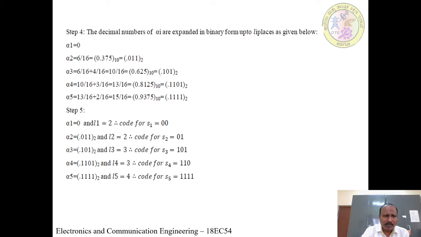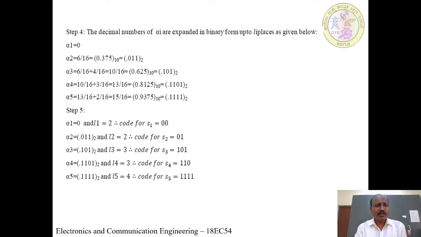Then the last step, step 5, we have to ignore the binary point, and rewrite the codes up to Li places for S1, S2, S3, S4 and S5. Now consider alpha 1 equal to 0, where L1 equal to 2, therefore the code for S1 is 00.